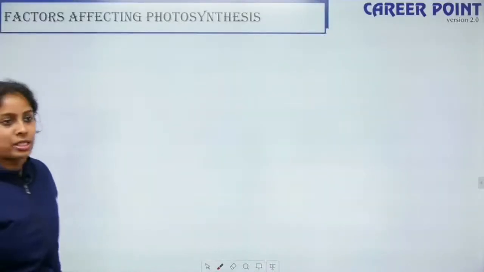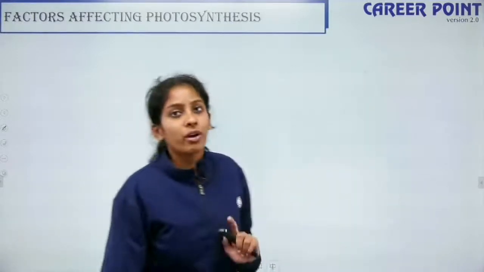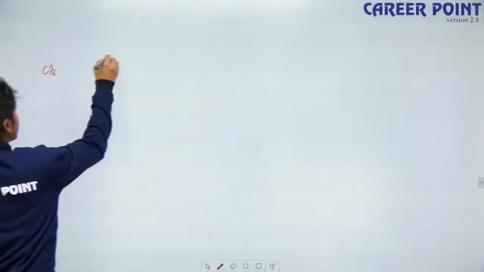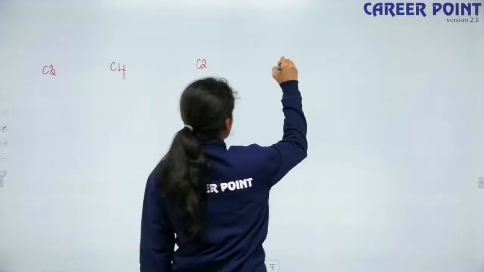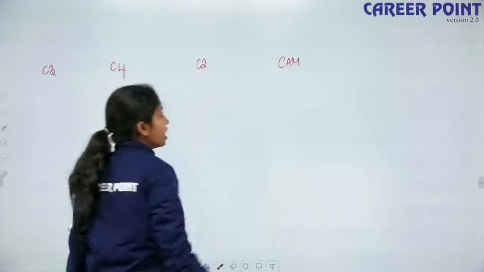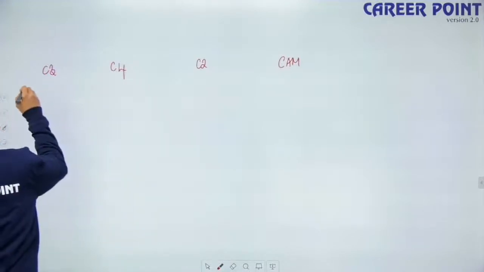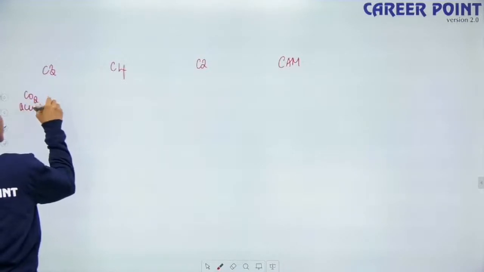Yes? Any doubt? Okay, so far we have spoken about the C3 cycle, the C4 cycle, C2, and CAM plants, right? Can you quickly tell me who is the carbon dioxide acceptor in all these cases? Quickly, let's do a recap.